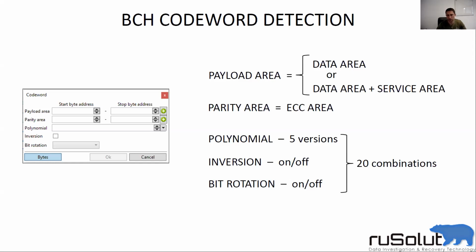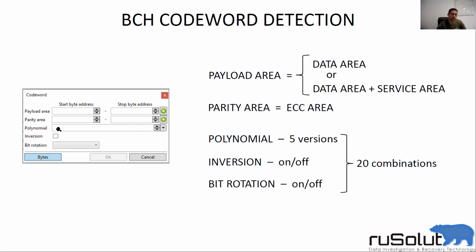And then the code word from a database will not work. And you need to adjust it. And to adjust it, it means that you actually need to create new one. So you set here payload area, start to stop address for payload area, for parity area. Then you select a polynomial and inversion bit rotation thing.